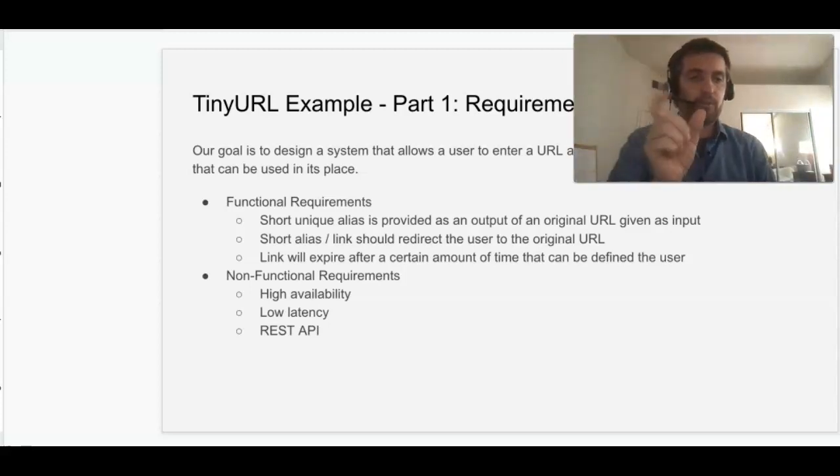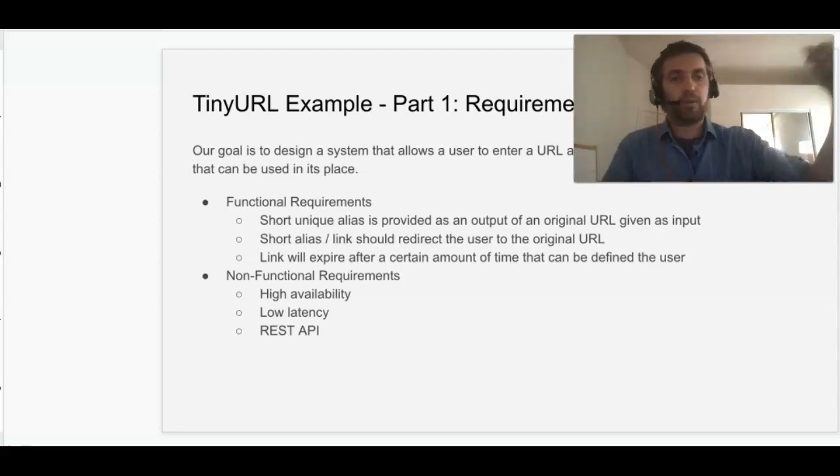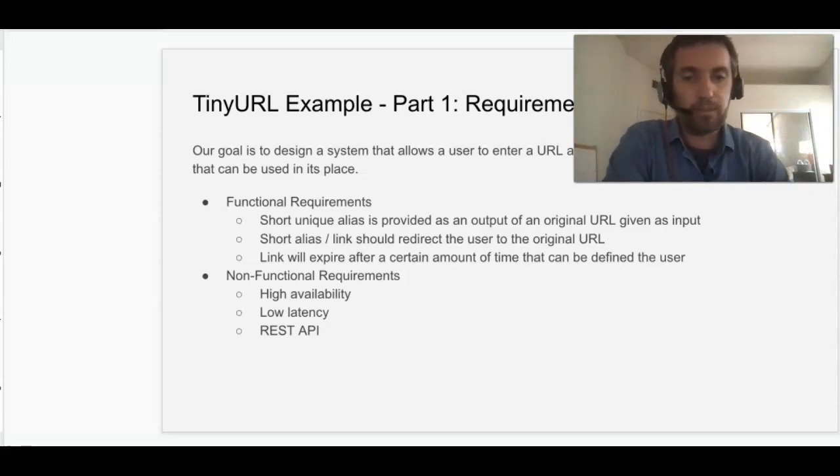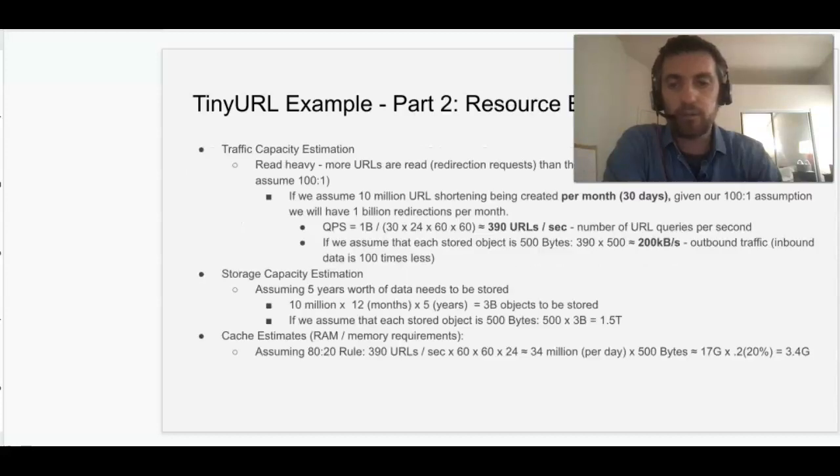You can just type a much shorter URL that will direct you to the actual domain name. So that's kind of the functional requirement. It's an alias that you'll get. Instead of having an original URL, you would use that alias, and the tiny URL service will direct you to the actual domain name.